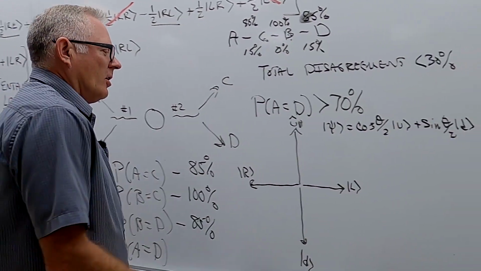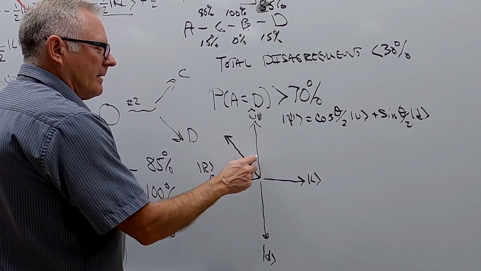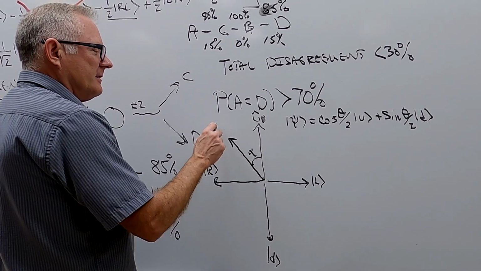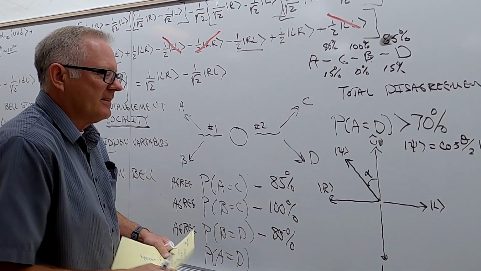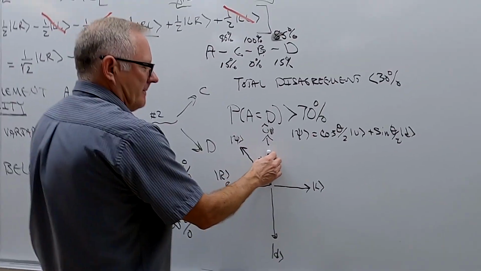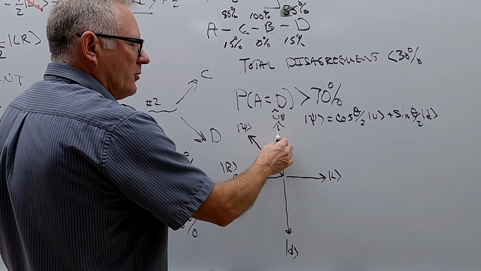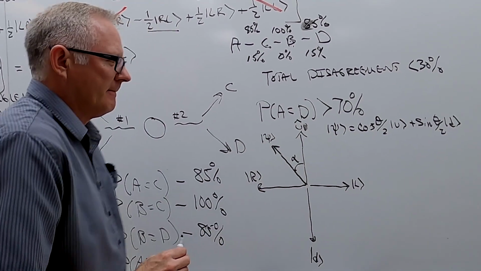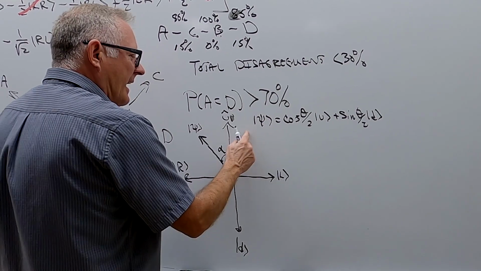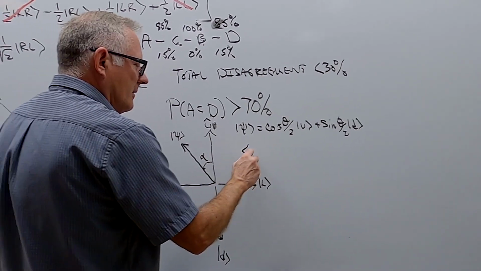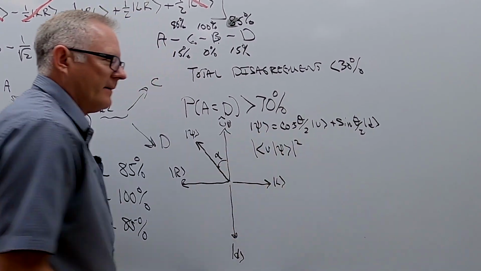Well, suppose one of your states is right here at some angle, say alpha. This is your state psi. And your other state is straight up. And now you ask, what do you get for the probability between this state and that state? So all you're going to do is take the probability between this and up, which is just up psi, squared.